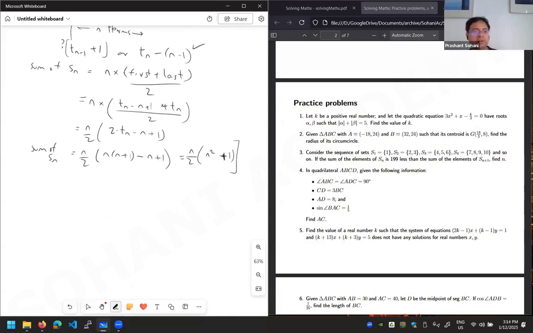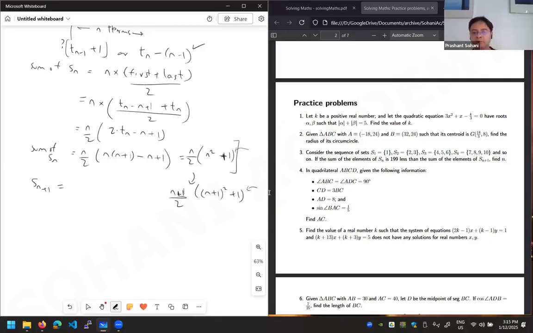And in the same way, for the sum of the next bracket Sn plus 1, in this formula if I just replace n with n plus 1, I will get the answer for the next set. So the next set has the answer n plus 1 by 2, and here I have to do n plus 1 square plus 1. Okay, so this is the sum of the terms of Sn, and this is the sum of the terms of Sn plus 1.